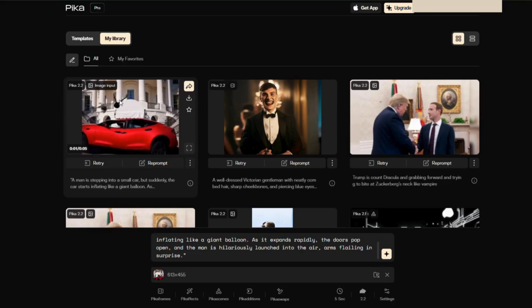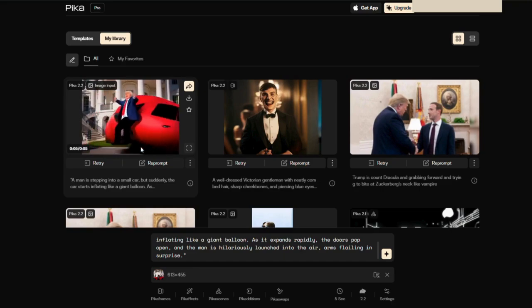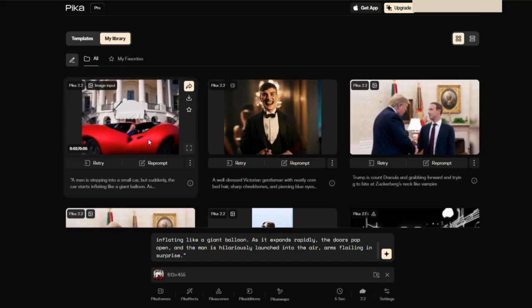I don't know what all this stuff is about with the flying things flying through there. But I think what's happened here is it seems like it's turned every object into some kind of inflatable flying thing. So you have to be very specific with the language.